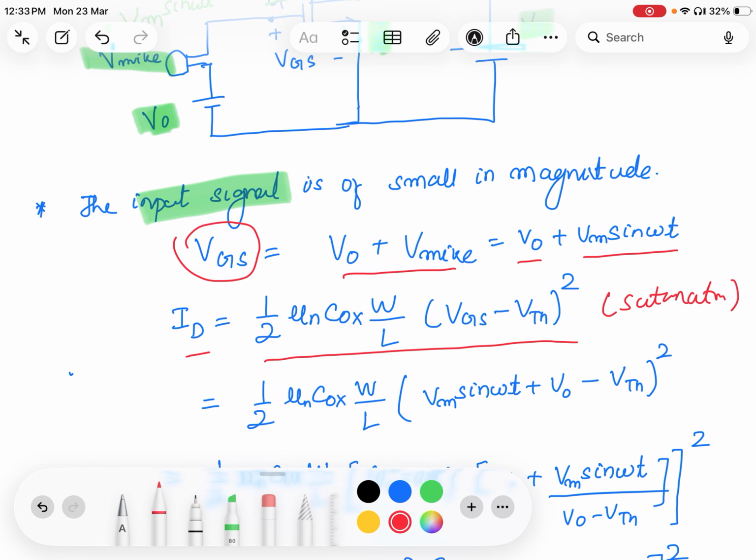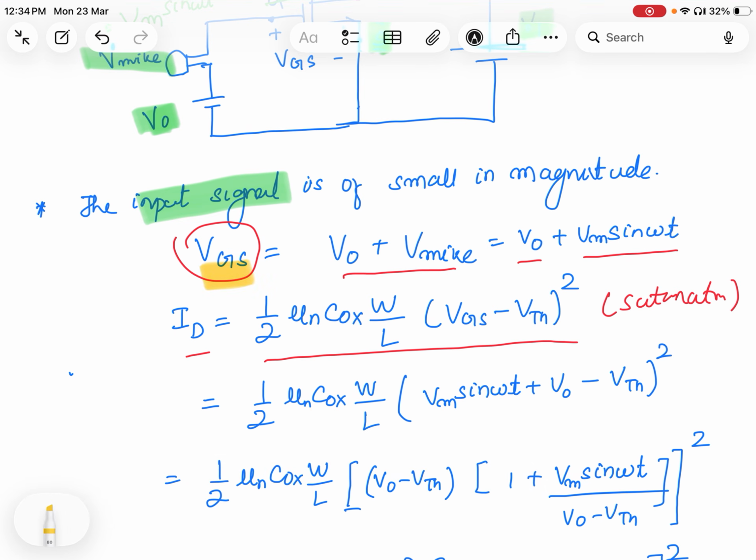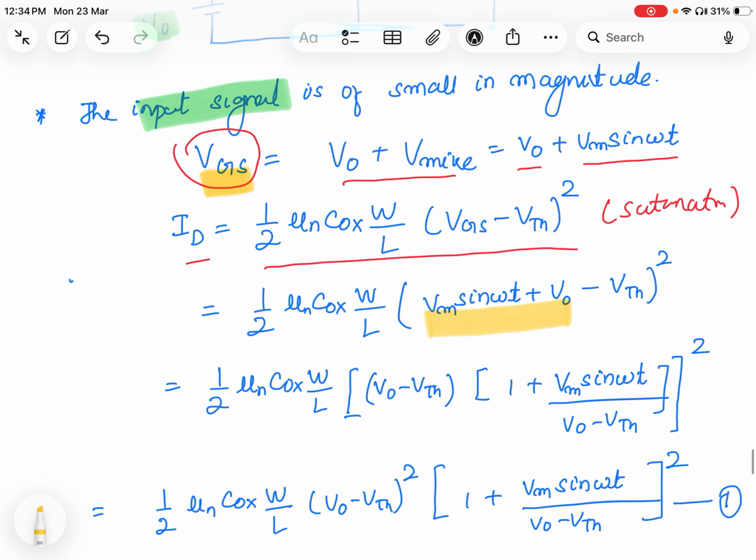Whatever VGS I got here, I replace it, so instead of VGS I write Vm sin omega t plus V0 minus VTH, whole square. Now if I take V0 minus VTH as common, I get V0 minus VTH common, and inside, 1 plus Vm sin omega t divided by V0 minus VTH, whole square.